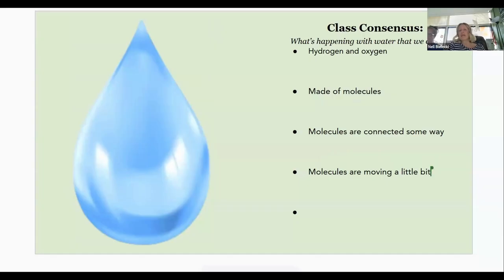But what we would do is we would use this introductory class consensus as a jumping off point to go into the particles in motion lab, where we will gather evidence on what happens when we change the temperature of the water, and if we can collect evidence to support that those molecules might be moving slower or faster depending on the temperature. But this is one way to introduce this idea or get the kids talking about water, molecules, particles, things of that nature.